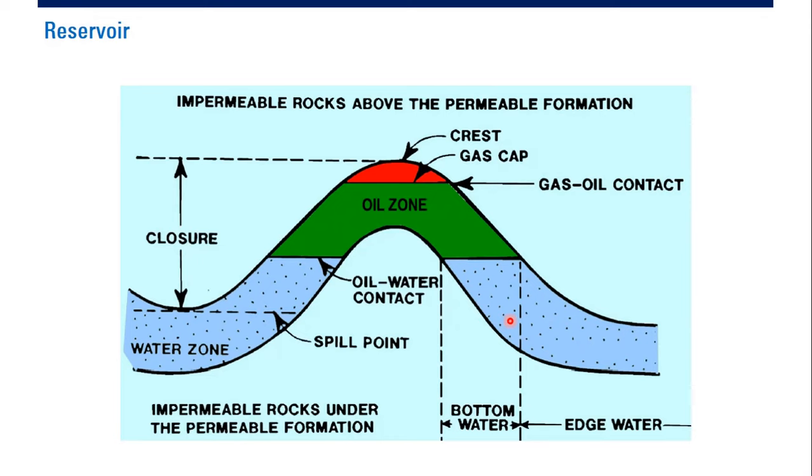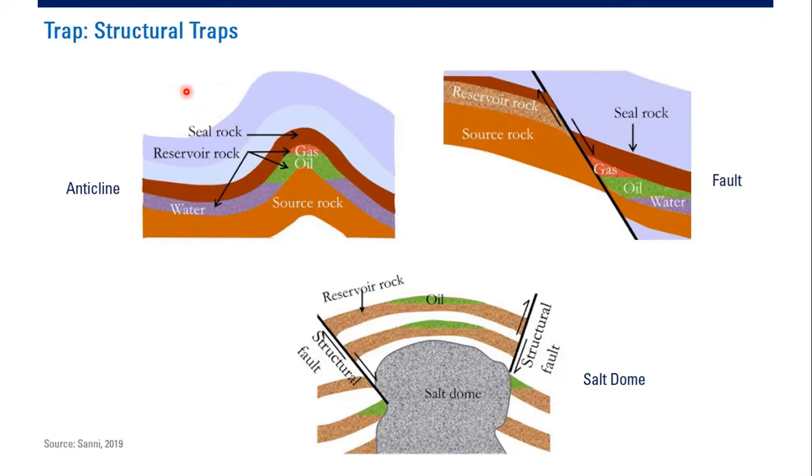And then we have structural traps here. We have water, oil, gas, and then we have a fault to trap the oil and gas. Here we have the gas, and then we have water there.